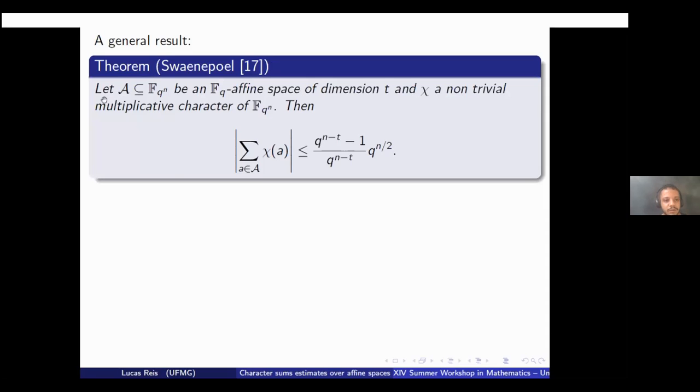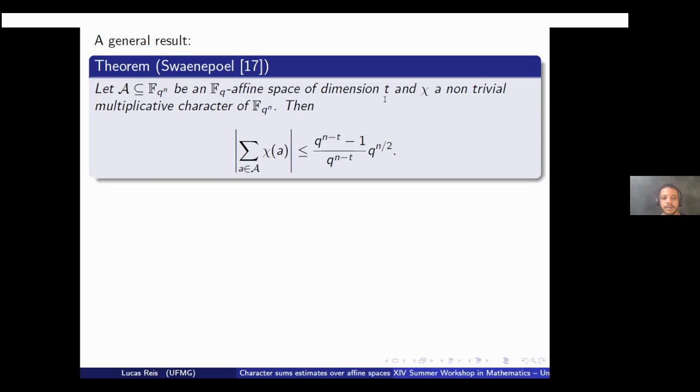It states the following. We have A here, an affine F_q space of dimension T, and chi is a non-trivial multiplicative character of F_q^n. And so essentially this sum is never larger than q^(n/2), right? This is a constant pretty close to 1. And so essentially here we have a bound that is absolute, right?